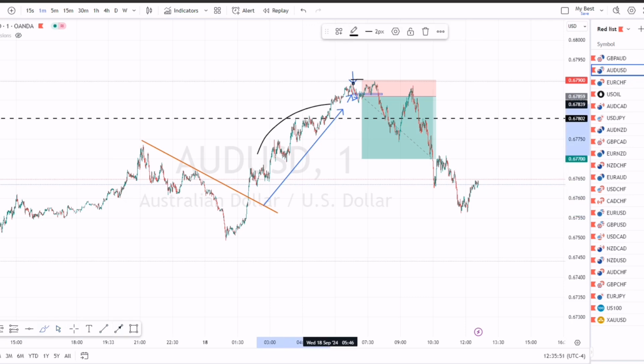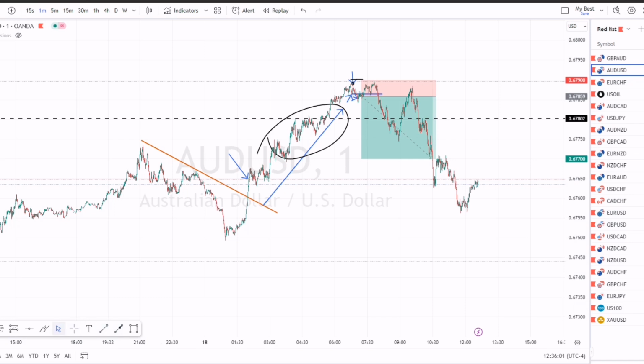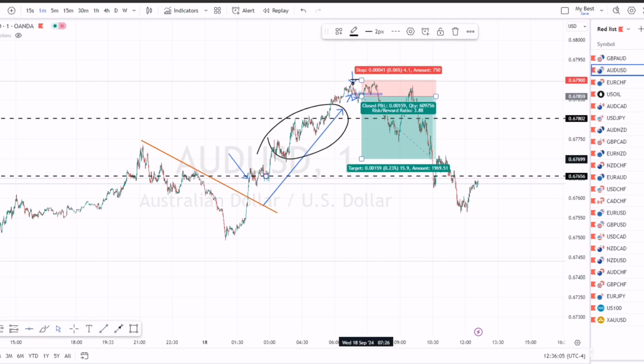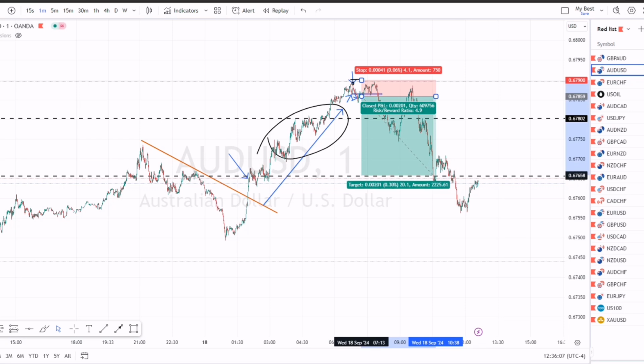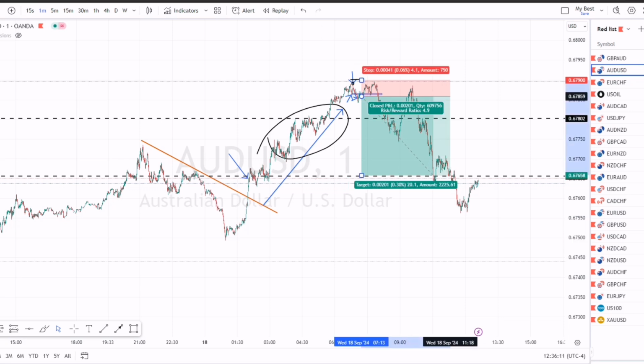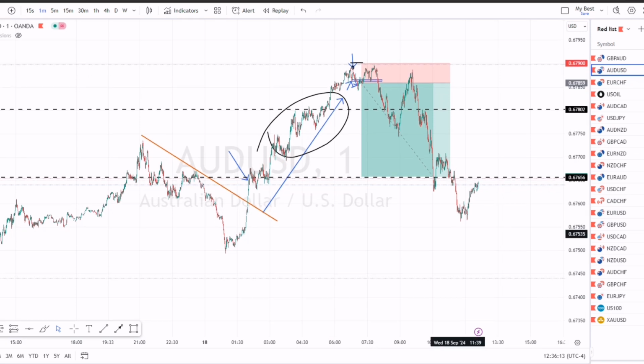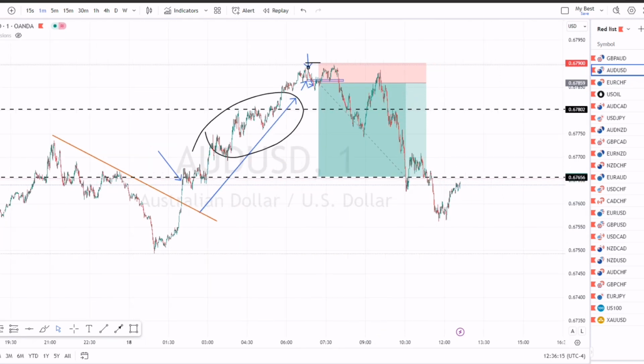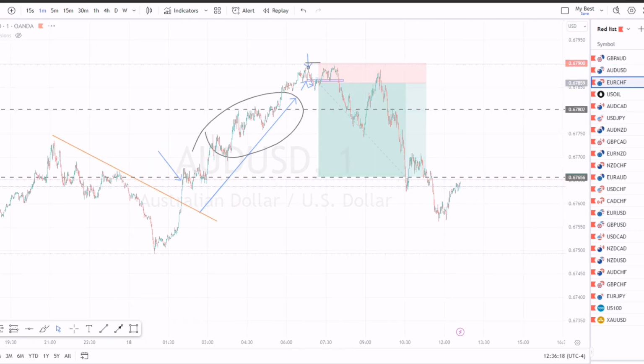This is the trend I'm looking at, and the breakout happened somewhere there. So my take profit was supposed to be there. Okay, so I was supposed to have my TP there, and I was going to make it. So I got out early on this one.